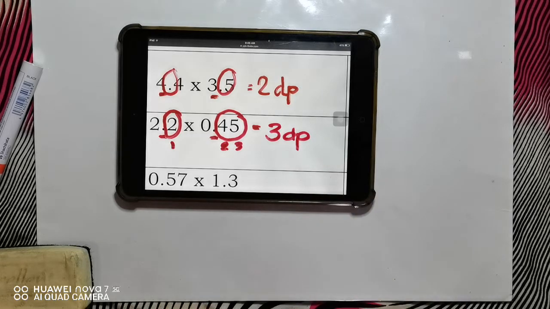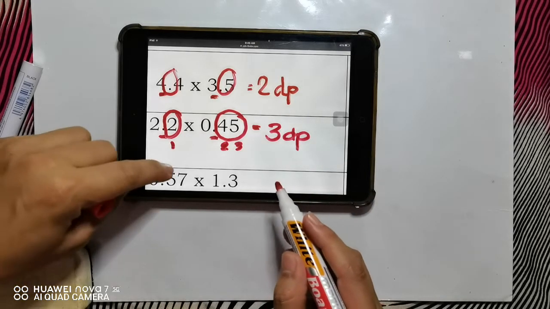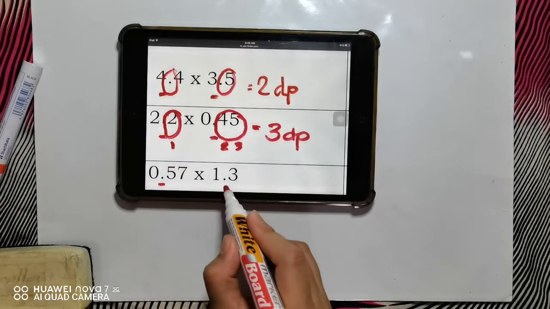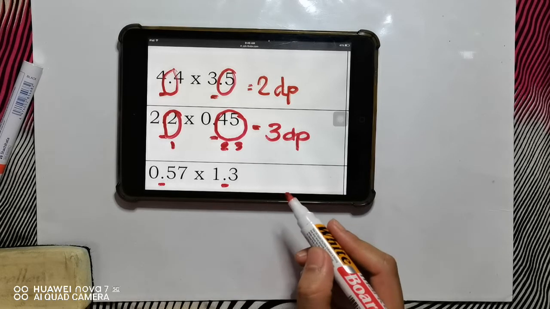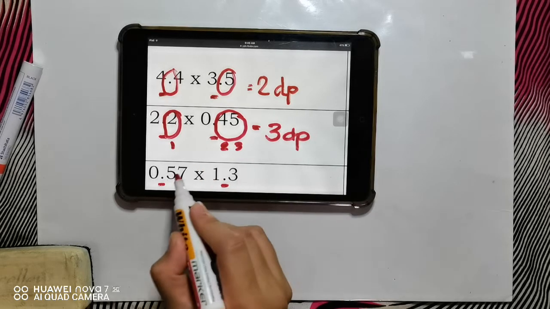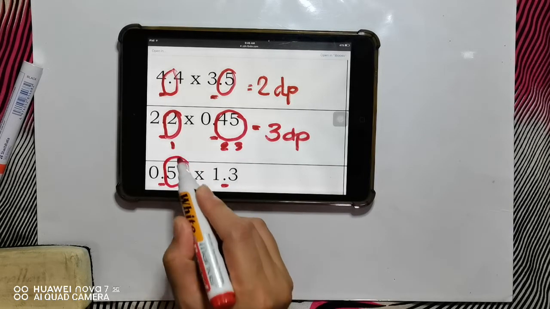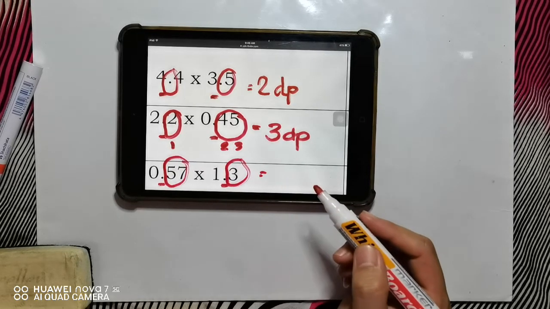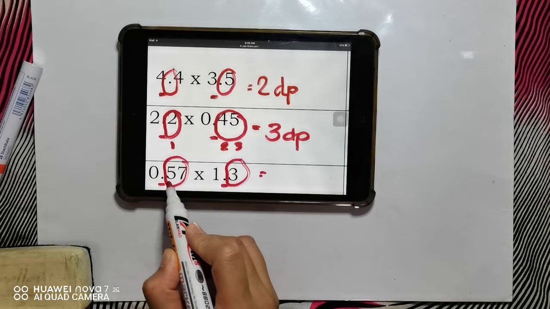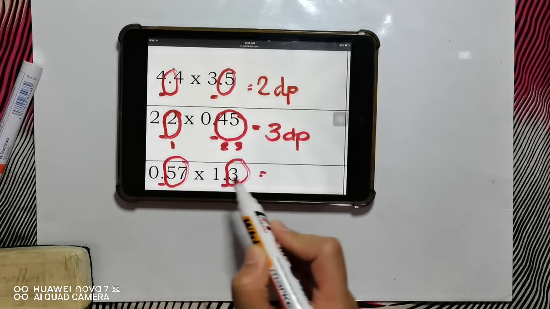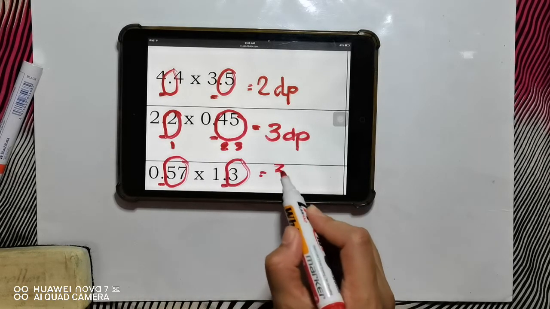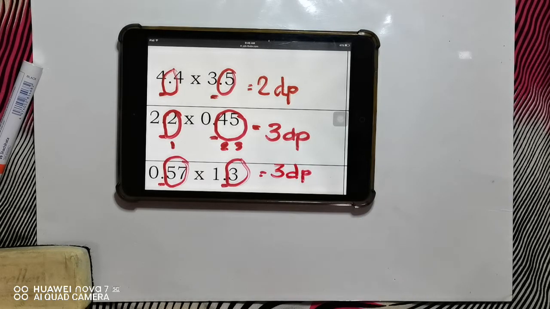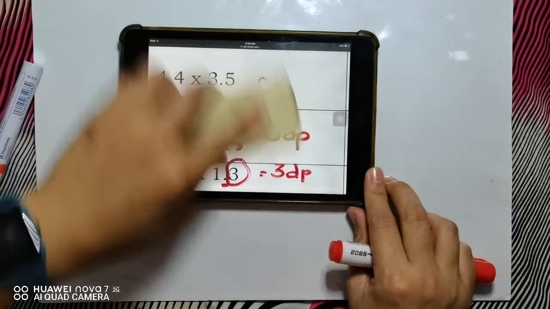Okay? So, that's it. Let's go to the third one. And the third one, we have here the decimal point here, and another decimal point here. How many decimal places? So, ayan. Bilangin natin yung decimal place. We have here 1, 2, and then 3. Therefore, we also have 3 decimal places. Okay, let's go to the next one.